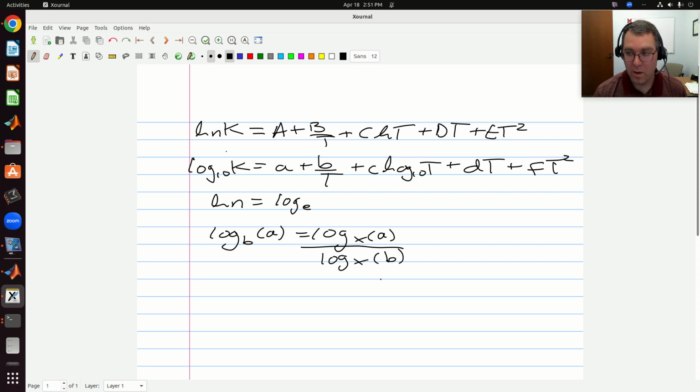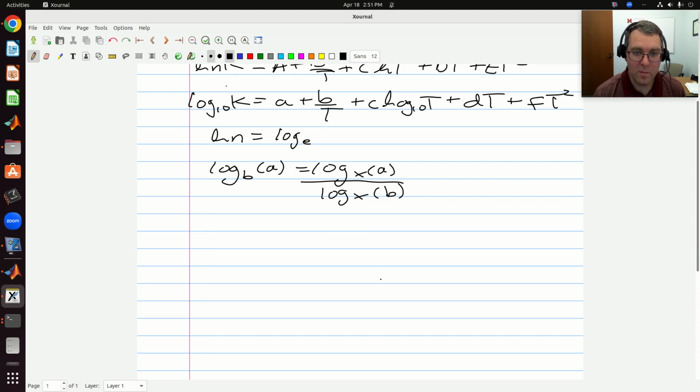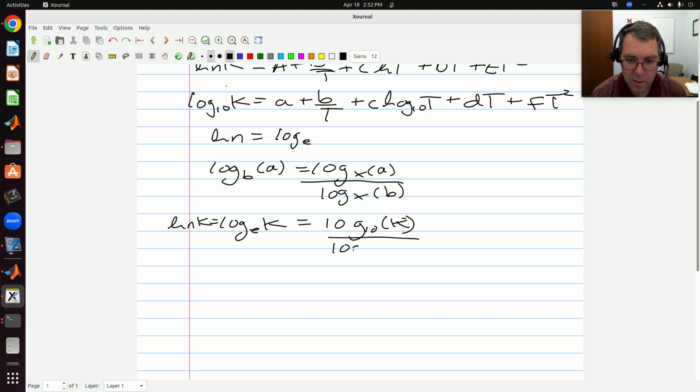Now in our problem, natural log of k is log base e of k, and that's going to be equal to log base 10 of k divided by log base 10 of e.